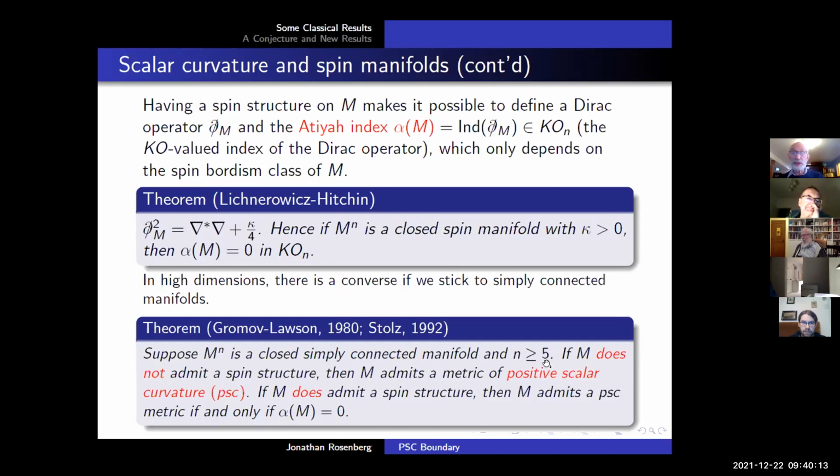According to the first statement here, you would expect it to have a metric of positive scalar curvature, but you can show using Seiberg-Witten invariants that it does not. So yes, the theorem is definitely false in dimension 4.